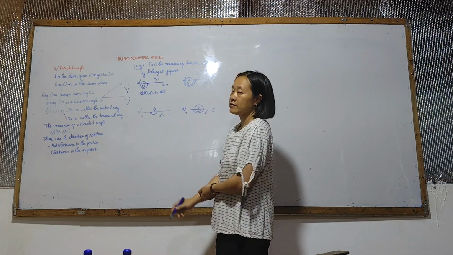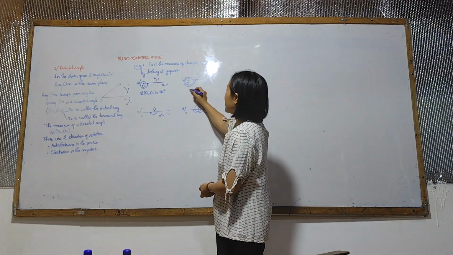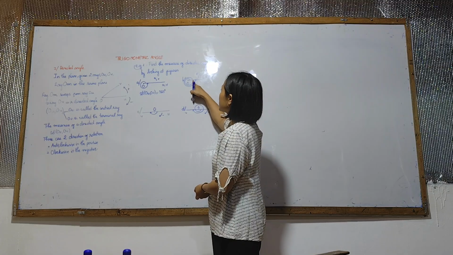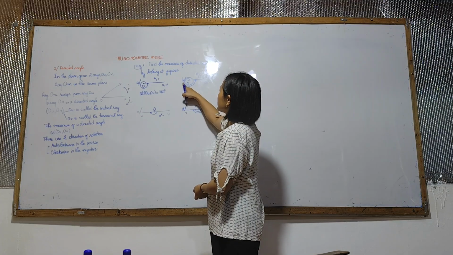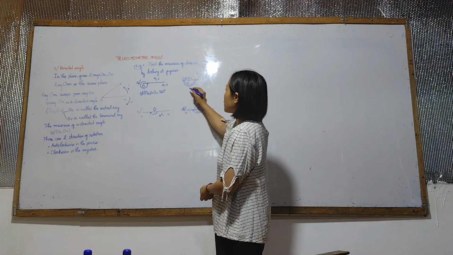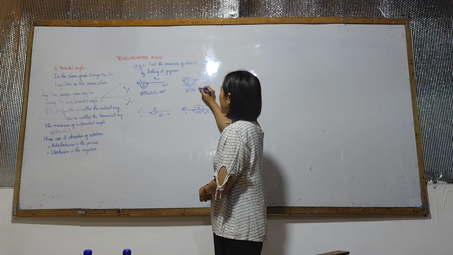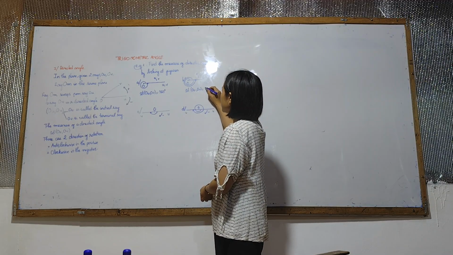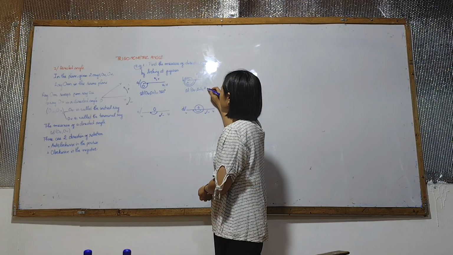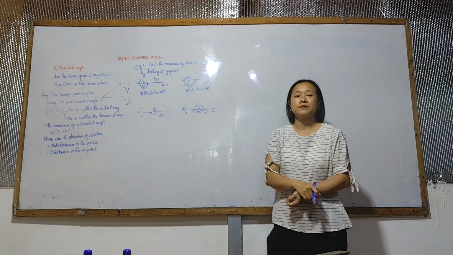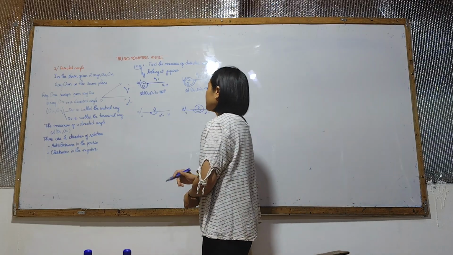In B we have 2 rounds, so the measure of this directed angle is 720 degrees.